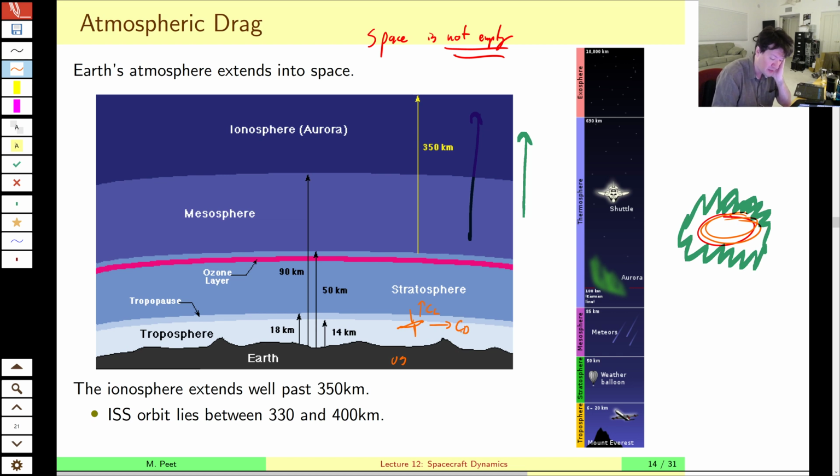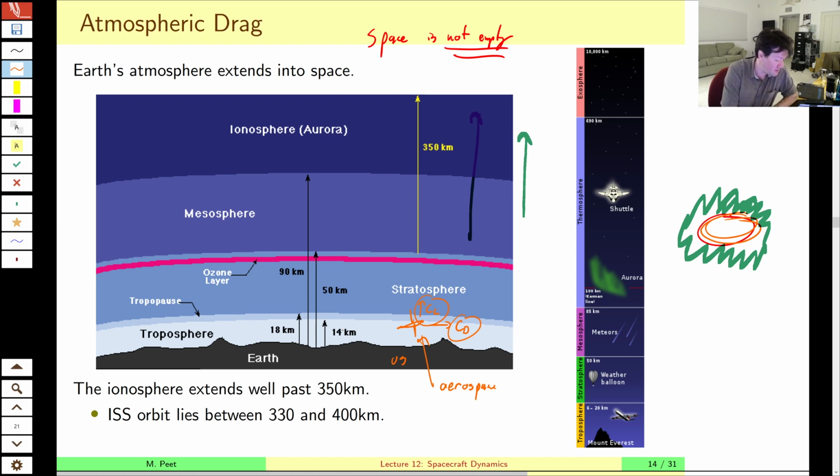So the aerospace people, aeronautics, they like atmosphere, because they can't fly if they don't have atmosphere. We don't like atmosphere because it gets in our way, because we don't usually deal with CL, we only deal with CD.